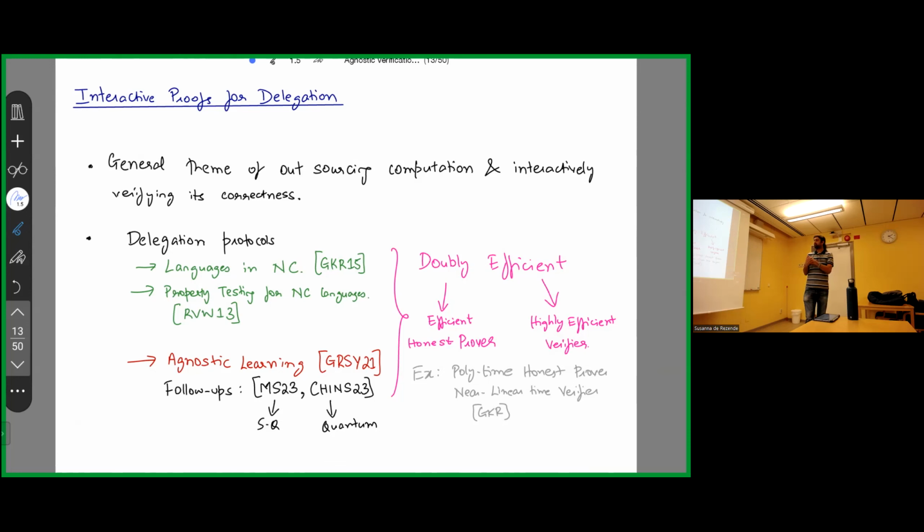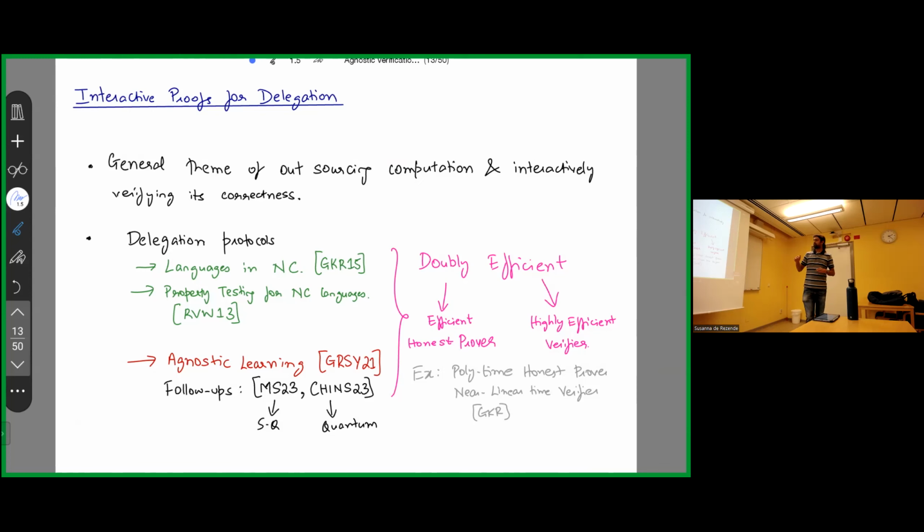So in this setting, we want the verifier to be highly efficient. For example, in the delegation protocol for languages in NC, the honest prover runs in polynomial time, whereas the verifier runs in near linear time. Just to remind you, if you want to compute any language in NC on your own, given a circuit, you would require polynomial time already.